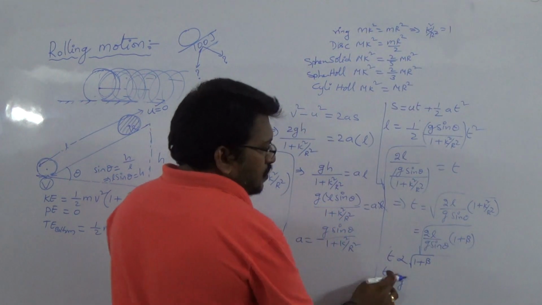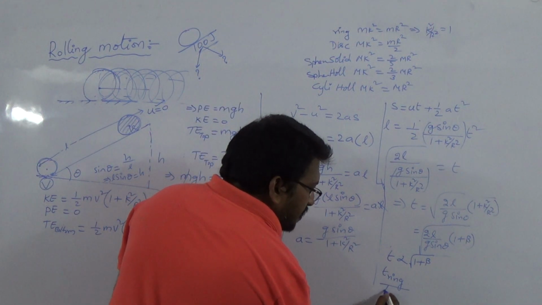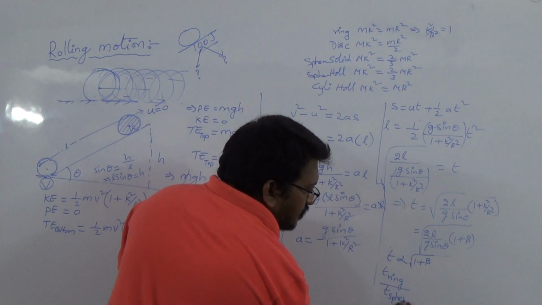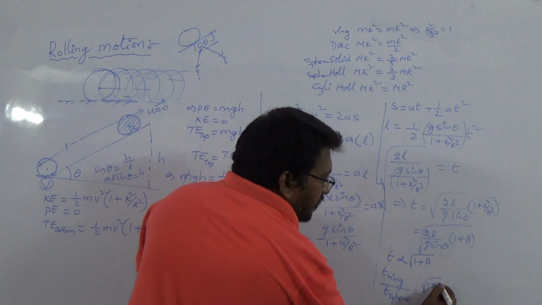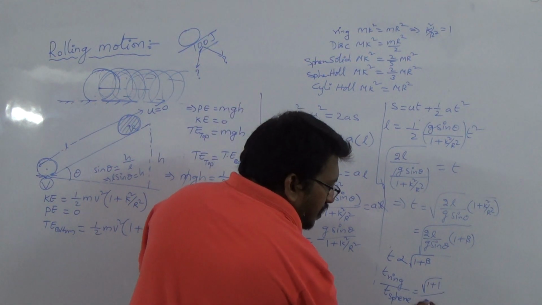For the ring it is 1. So we calculate t ring by t sphere, which equals under root of 1 plus beta by under root of 1 plus beta.